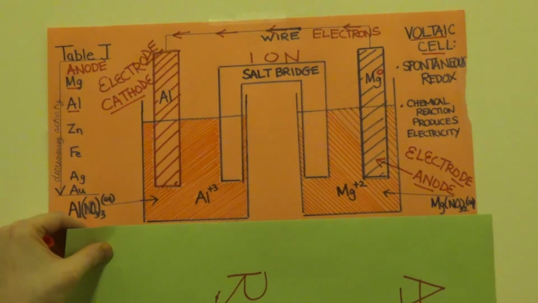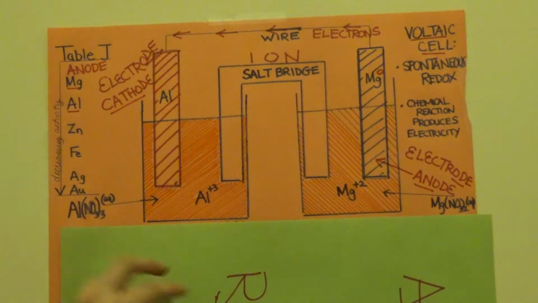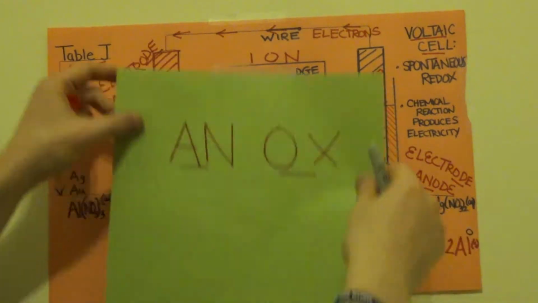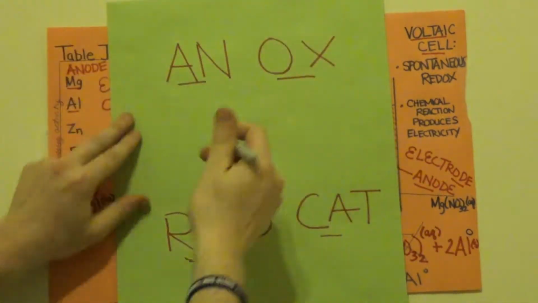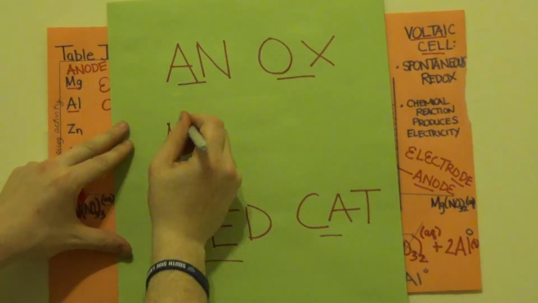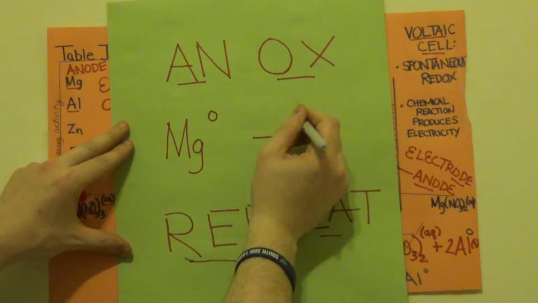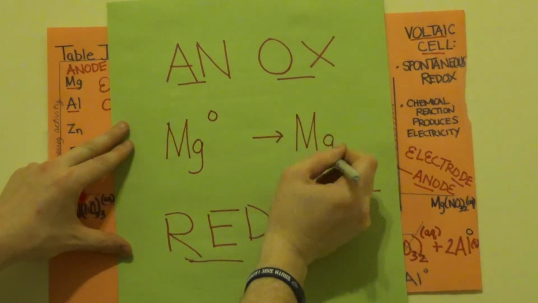Since oxidation happens at the anode, and oxidation is always the increasing of the lower to the higher, the oxidation here must be Mg 0 turning into Mg plus 2.